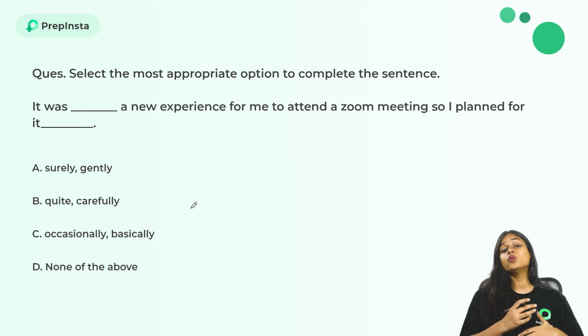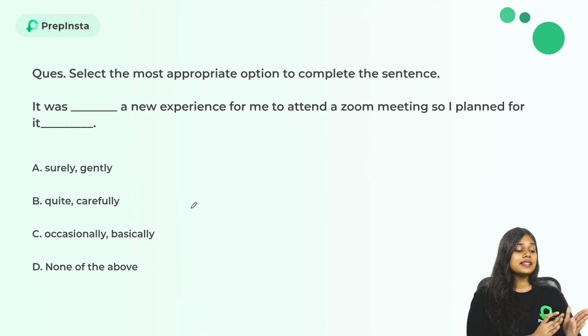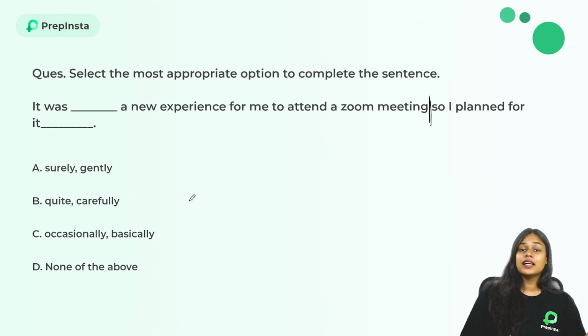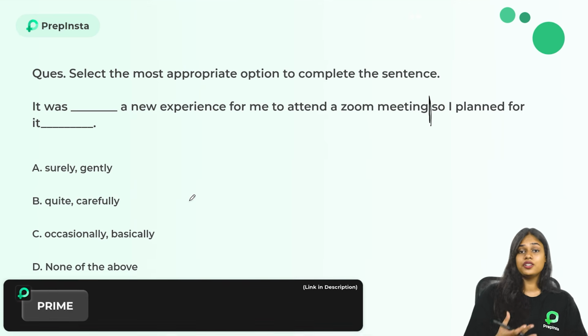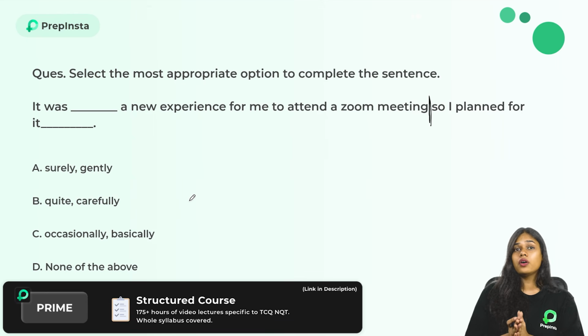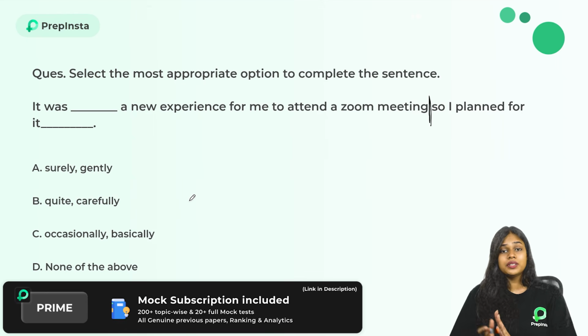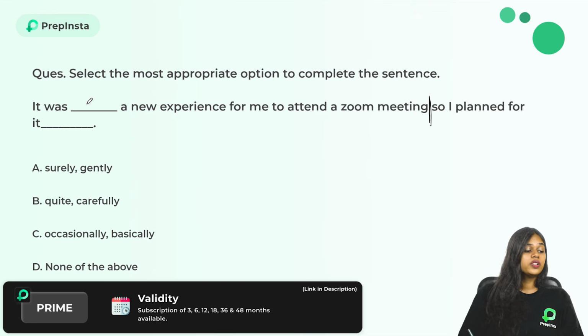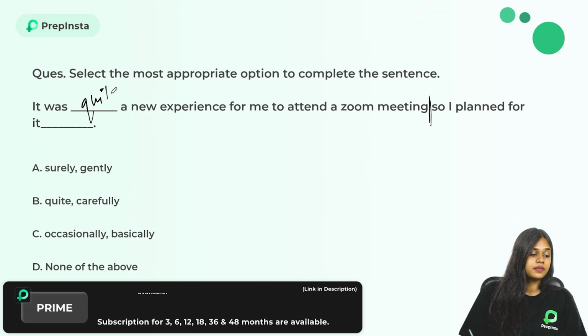In order to understand the answer, let's see the sentence structure first. It was dash a new experience for me to attend a Zoom meeting. The speaker says that he or she is attending a Zoom meeting for the first time. It's a new experience. Whenever we quantify anything abstract, something that cannot be seen or touched, for example experience, we go with the word quite.